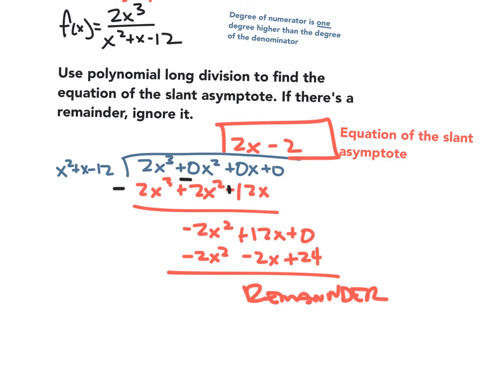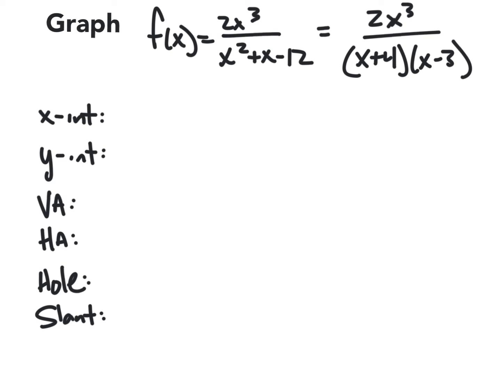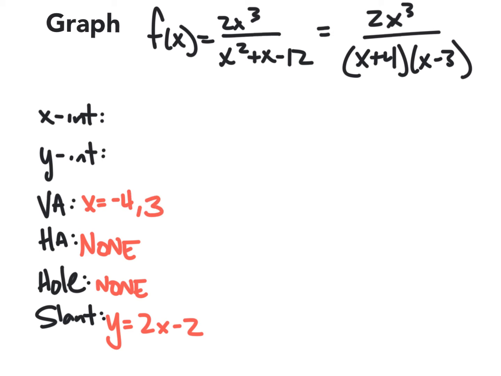All right, so let's see if we can put all this together and actually graph this function. We already found the slant asymptote was y equals 2x minus 2. We don't see anything that cancels, so there are no holes. And we already said that there's no horizontal asymptote. It should be pretty easy to see right here that there are vertical asymptotes at x equals negative 4 and 3.